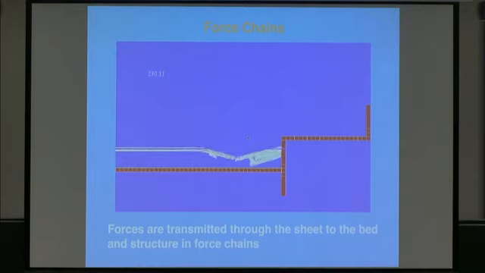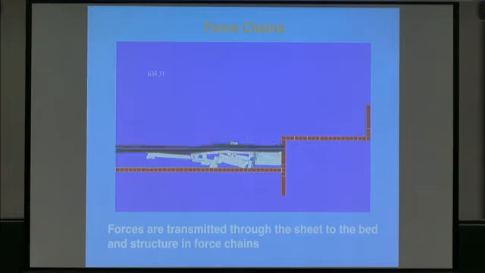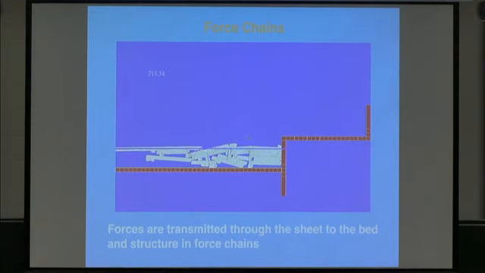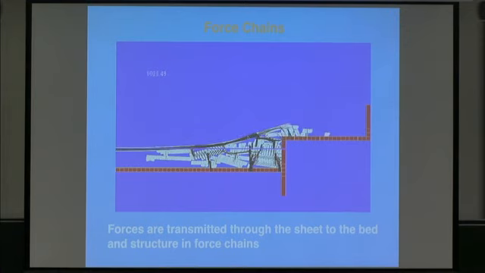The thickness of the line is proportional to the magnitude, and the direction of the line is the direction that the force is acting in. So again, we've got this initial period where you can kind of ignore it. But you can already see force chains going down into the bed, carrying the weight.